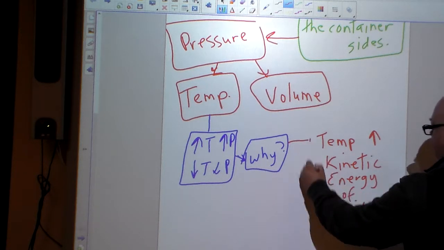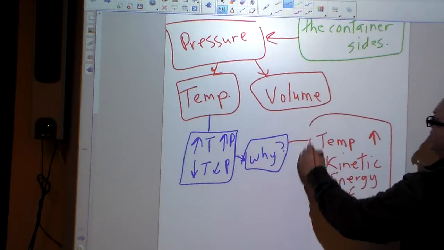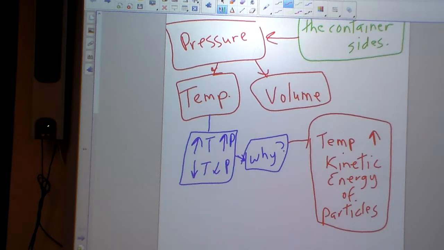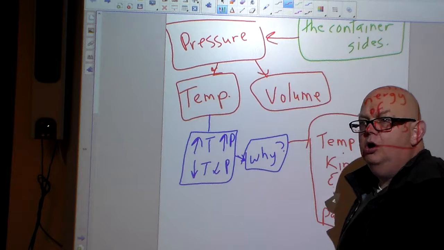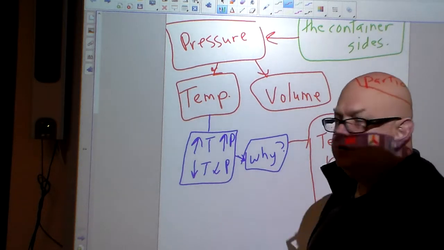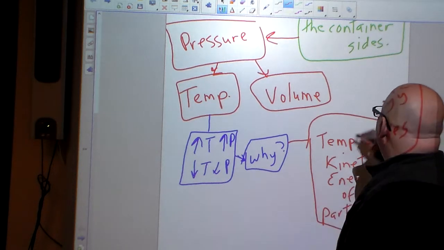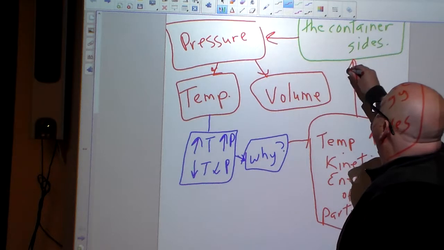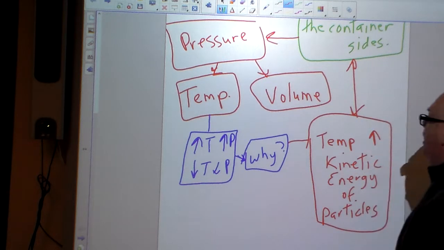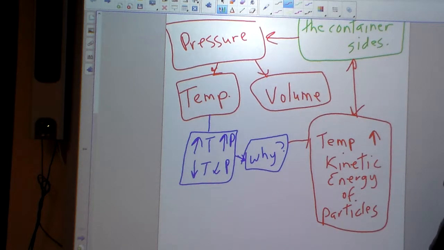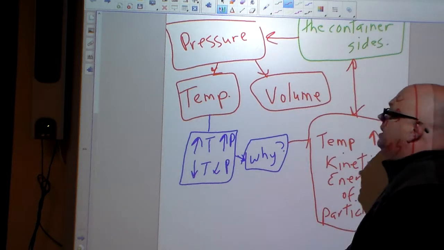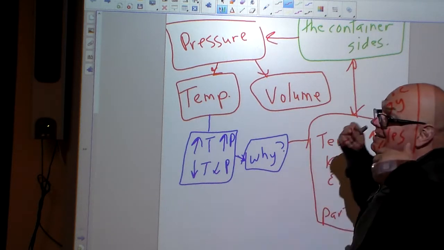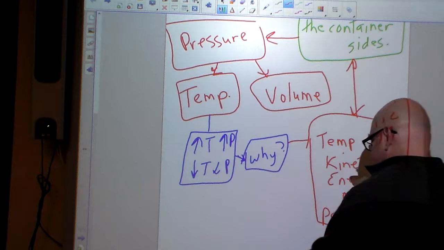If the temperature is increasing the kinetic energy of the particles, then the particles are going to be moving around faster and hitting the container sides at a faster speed. What happens as a result, ladies and gentlemen, is that you're going to have a higher pressure.